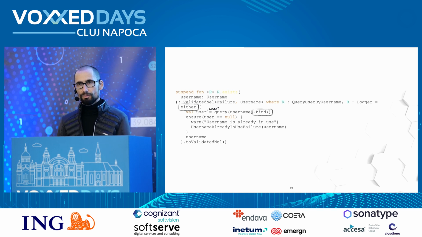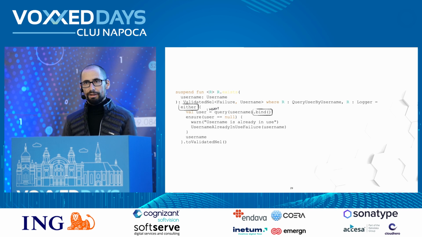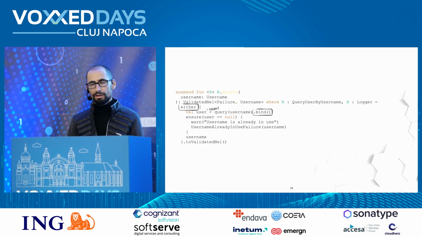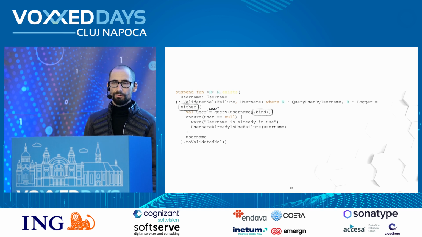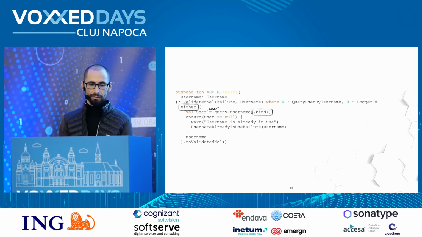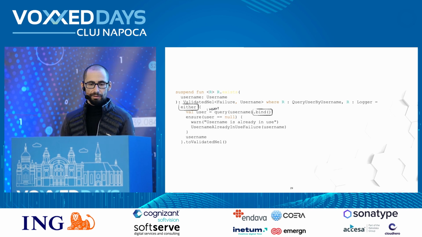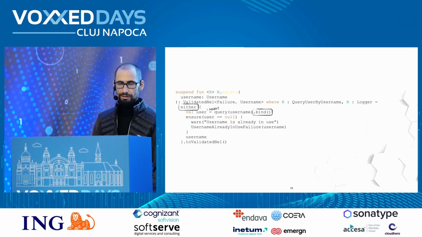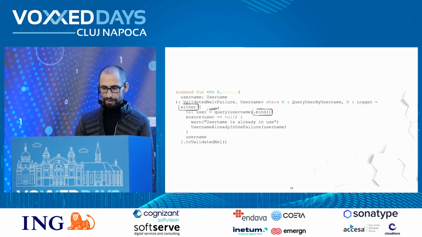However, if the query operation fails, the bind will short-circuit the computation, as I've said earlier, and will not go forward. We are immediately going to get a failure on the left side. Other than that, the code is pretty similar. We're ensuring that the user is null. If it's not null, we're going to return an error, and we're going to get back the username.